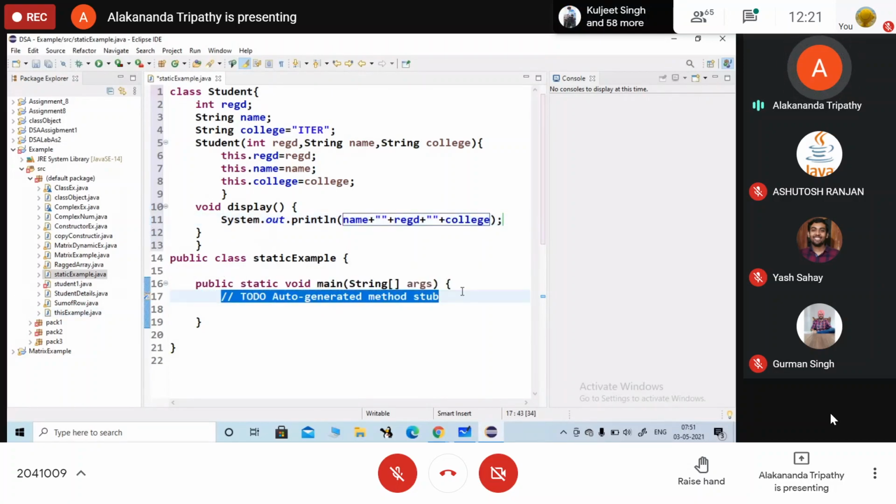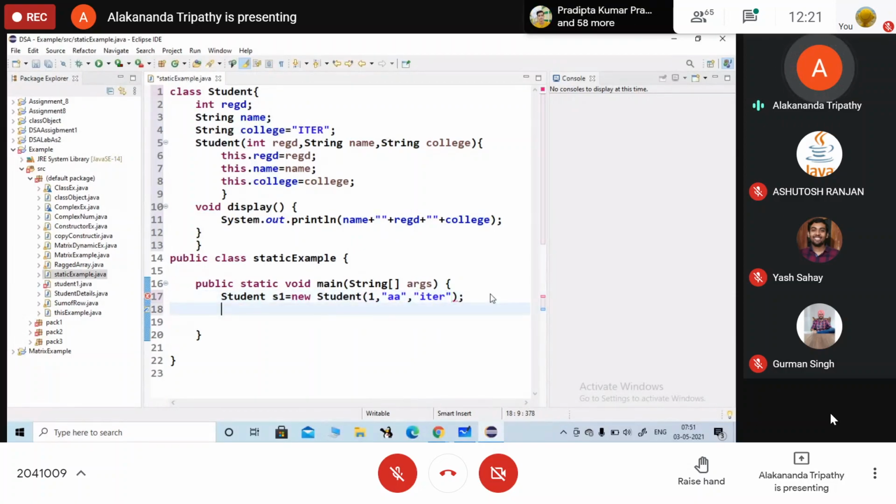In the main function, I will show you the memory allocation. Here the object is being created for the student class. Student S1 is equals to new Student. Then here 1, the registration number first, the name here is let it be AA, then college IIER, and I will put a semicolon.